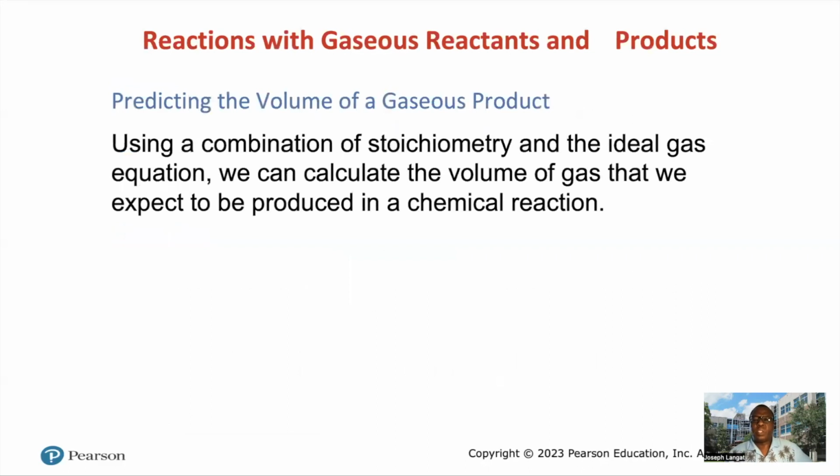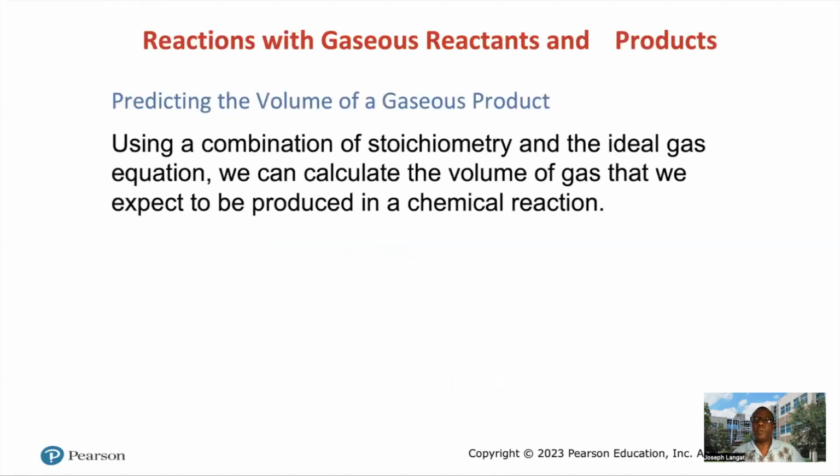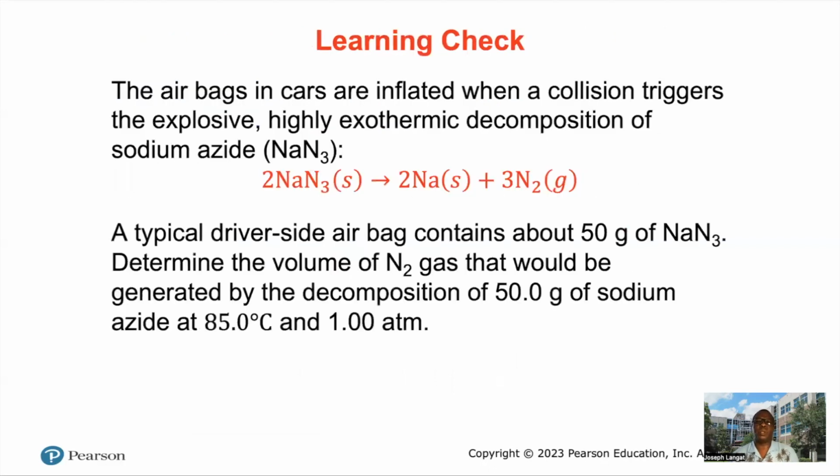Using a combination of stoichiometry and the ideal gas equation, we can also calculate the volume of gas that we expect to be produced, just stoichiometry revisited. Here is an example of the decomposition of sodium azide. It is what is in your automobile airbag.